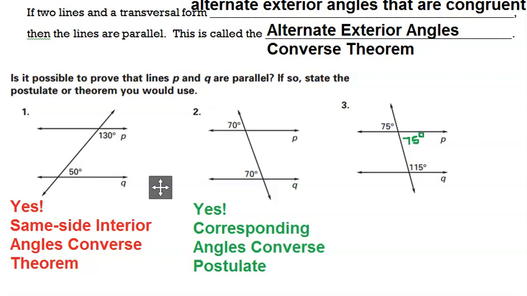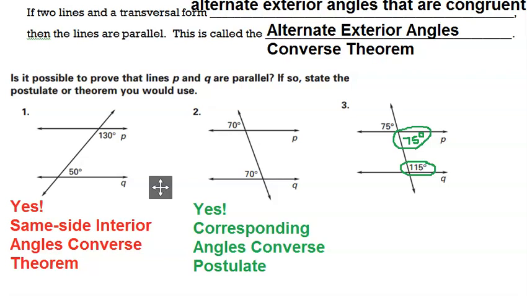So now our goal is to say, oh, same side interior should be supplementary. So we look and we take our 75 and we add it to 115. You get 190, which means they're supplementary. Wait. 190? We wanted 180.